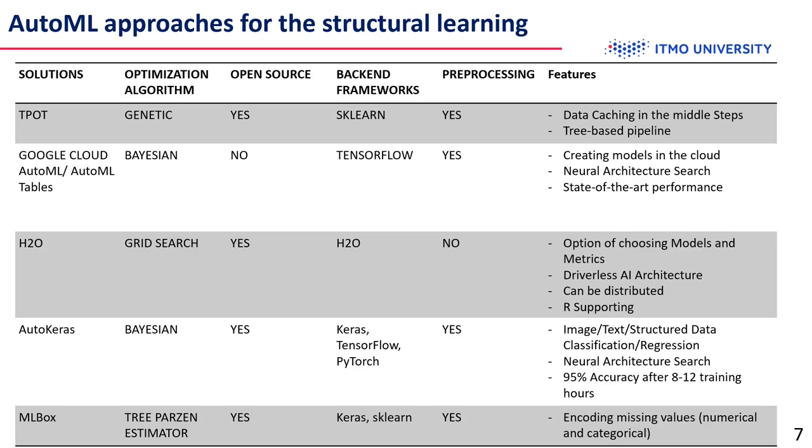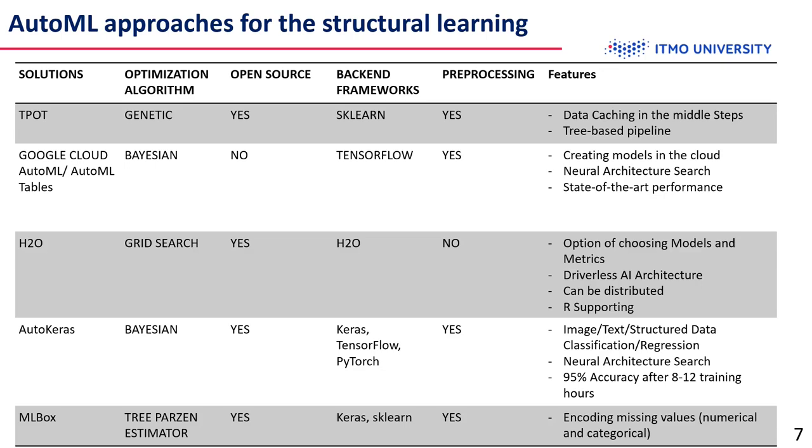There are a lot of state-of-the-art instruments that allow solving the structural learning problem for machine learning pipelines. It's usually considered an AutoML problem. For example, the framework TPOT uses genetic optimization to build optimal scikit-learn model pipelines for a specific task.